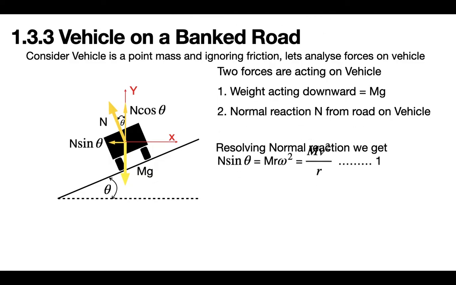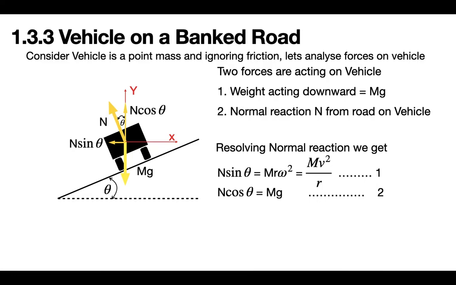After resolving, we can very well say that N sin theta, which is causing the circular motion, must be the centripetal force. So we can write N sin theta is equal to m r omega square or m v square by r.